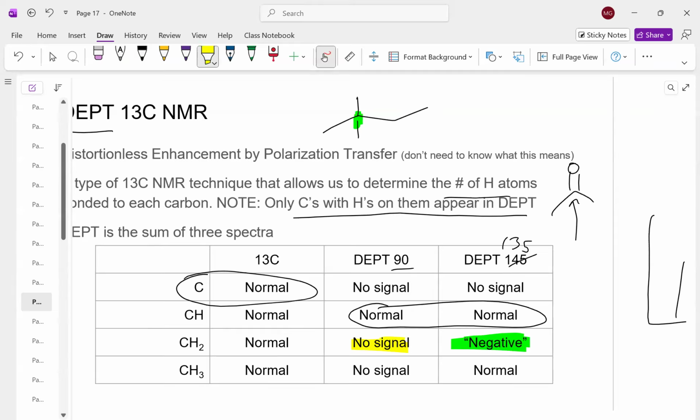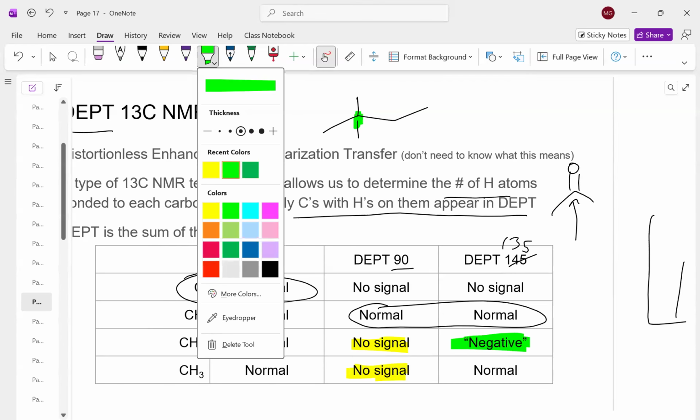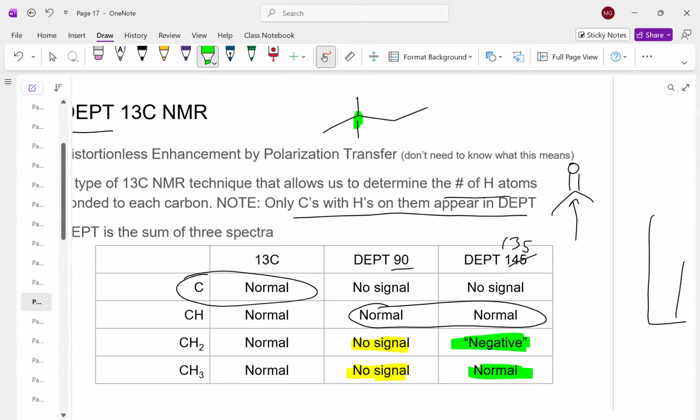And then CH3s do not show up in the 90, but show up as normal signals in 135. And that's how you can tell the difference between a CH and a CH3: by looking at whether there is a signal in the 90 or not. That will tell you the difference between them.